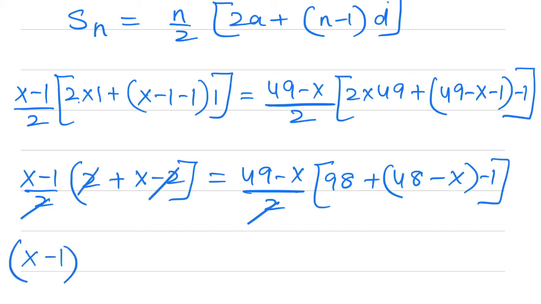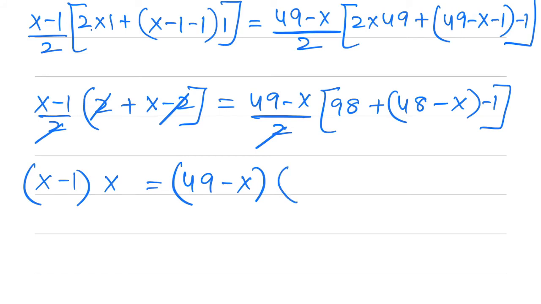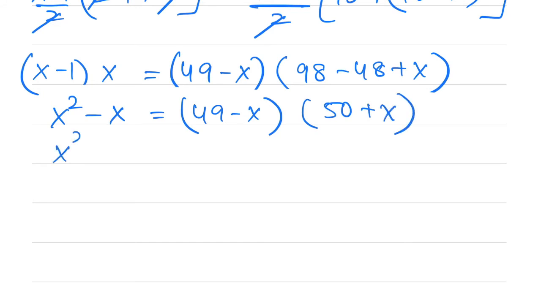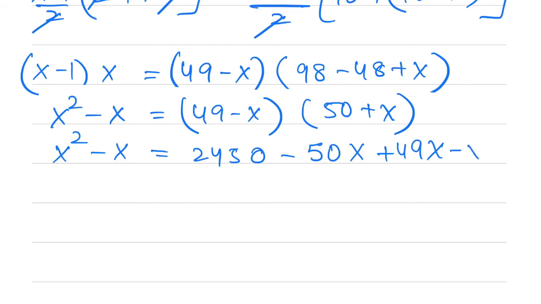Then we have X minus 1 and this 2 can get cancelled, so this 2 and this 2 also get cancelled. X into X is equal to 49 minus X into 98 minus 48 plus X. Here we have X square minus X is equal to 49 minus X into 50 plus X. So X square minus X is equal to 2450 minus 50X plus 49X minus X square.